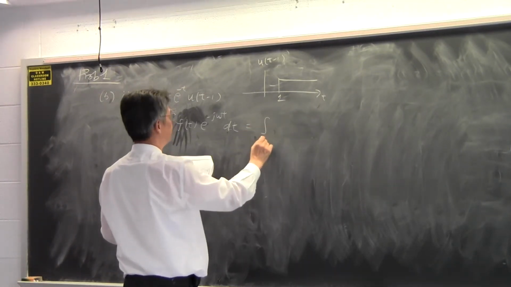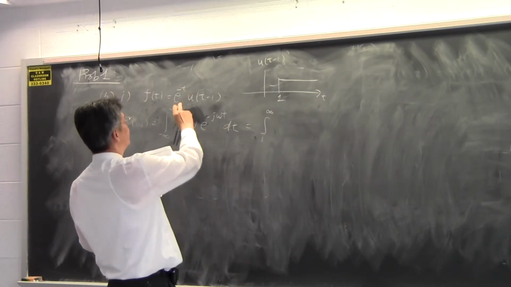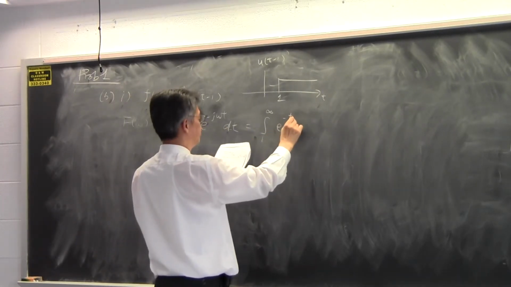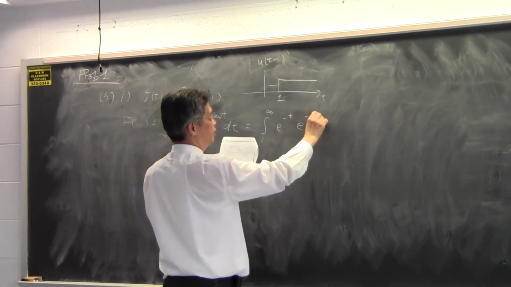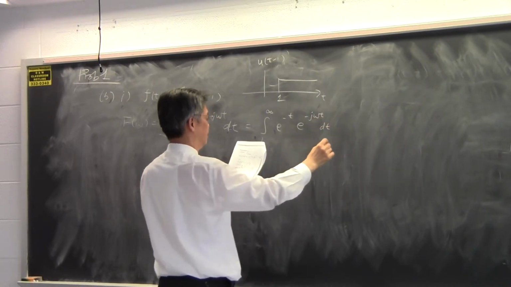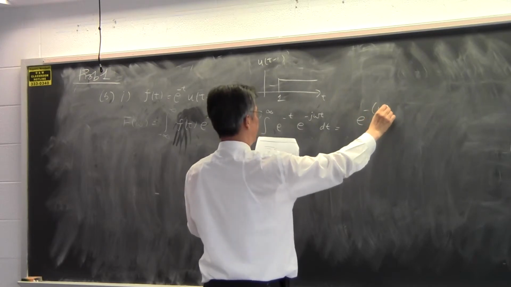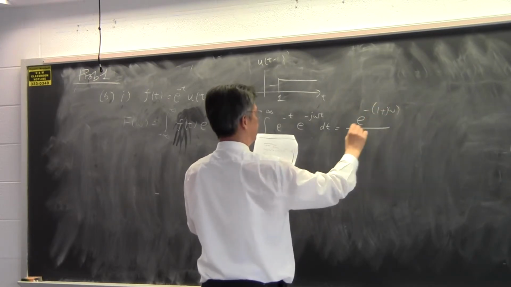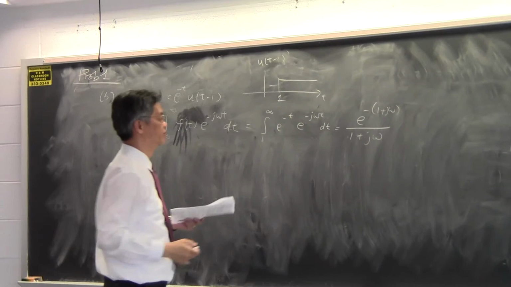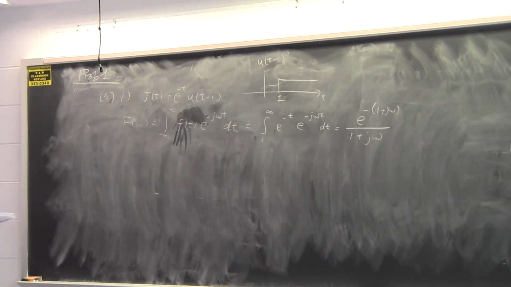So you integrate this from 1 to infinity, but plug in the value of f of t, which is e to the minus t, e to the minus j omega t dt. And this should give you e to the minus (1 plus j omega) over (1 plus j omega) as you integrate that. And there's another way of doing it, which I would not go through.